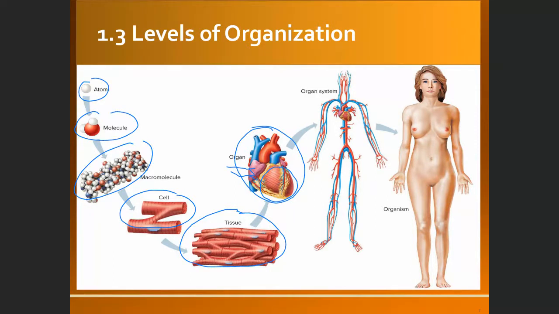Okay, so a group of organs that have similar function will then organize together to create an organ system. And there are 11 organ systems in the human body. For example, in this case, the heart, which is an organ, and the blood vessel, which is another organ.